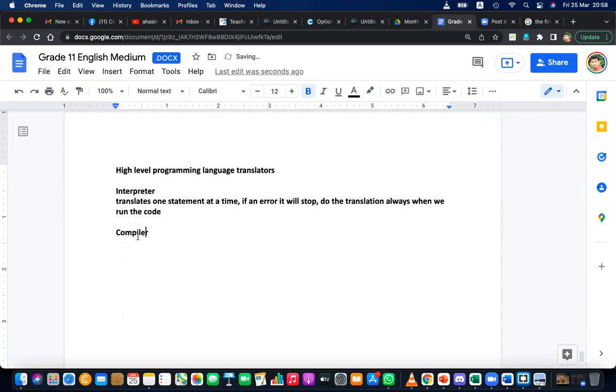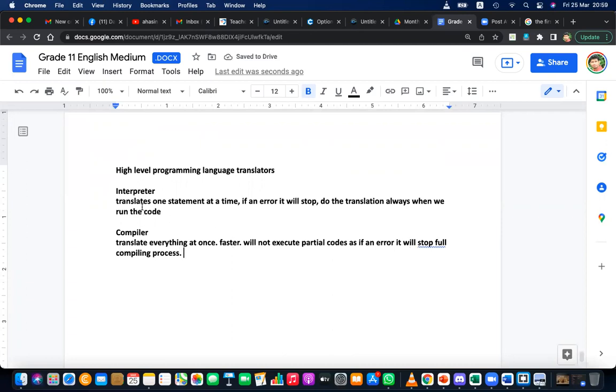Compiler translates everything at once. Faster. Will not execute partial code, as if there is an error, it will stop the full compiling process. But an interpreter can run.